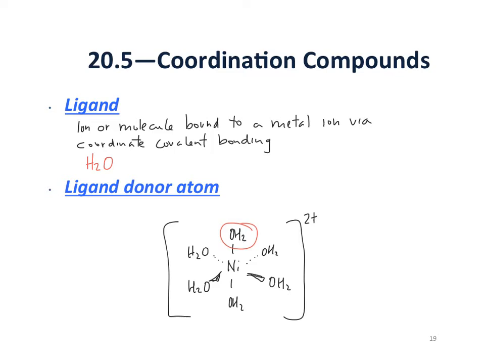So what we're doing here is differentiating between the entire ion or molecule that acts as the ligand and the specific atom in the ligand that donates the electrons. That's the atom in the molecule that's physically bonded to the metal.